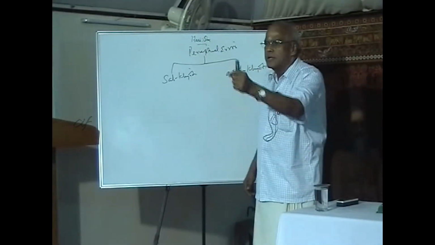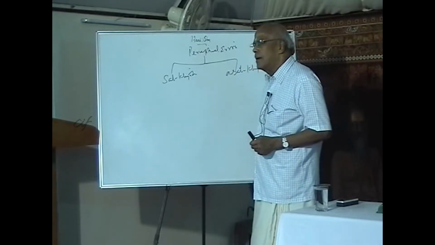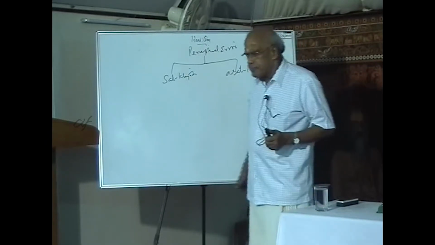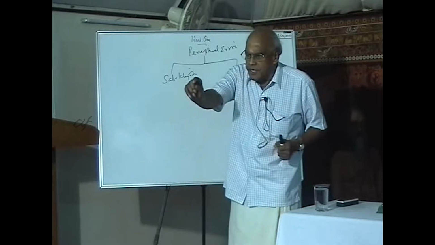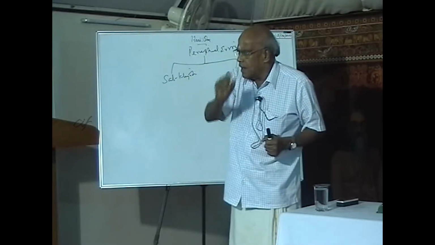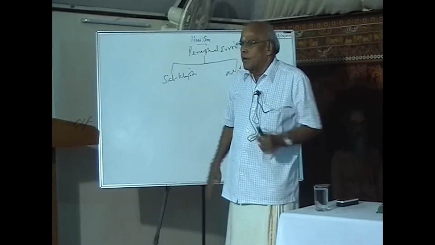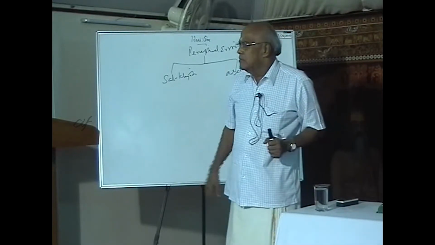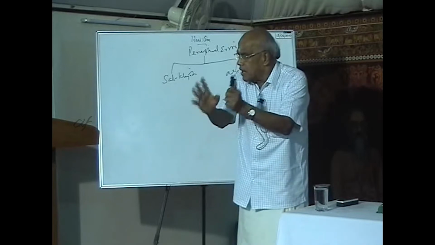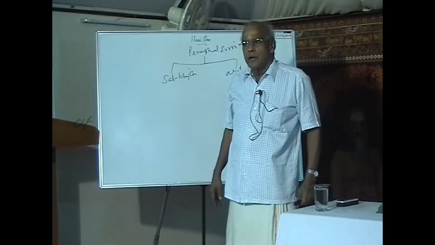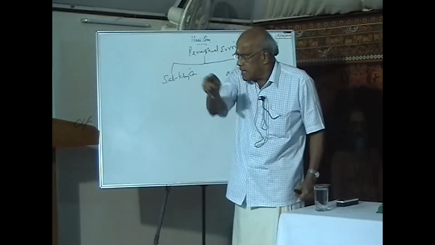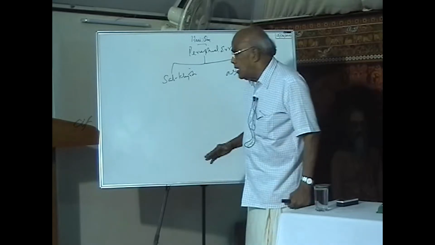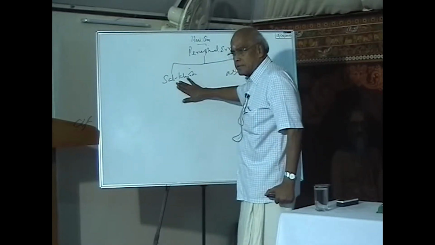I change the example. Now the question is, you claim to have seen silver. What is its ontological status? Is it real or is it unreal? Is there shell? Is there silver there? If it is there, then it is Sat.